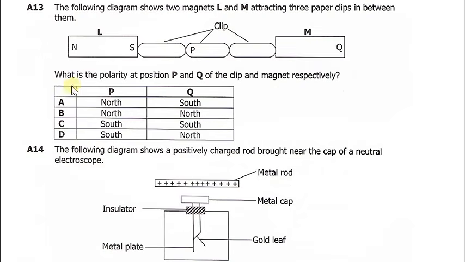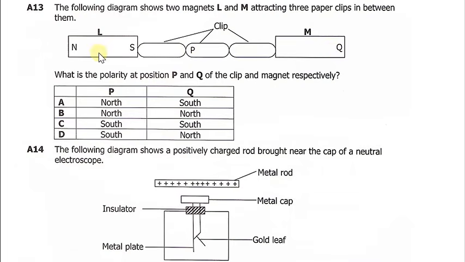Then they're asking, what is the polarity at position P and Q of the clip and the magnet respectively? Polarity is the poles, north pole and south pole. So they want us to indicate the polarity at P and at Q.